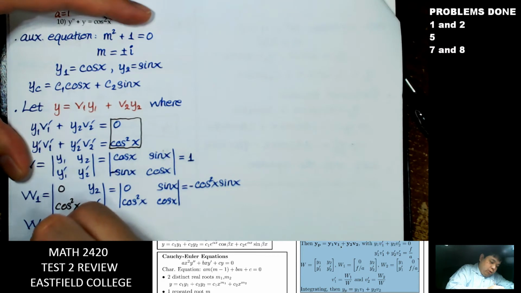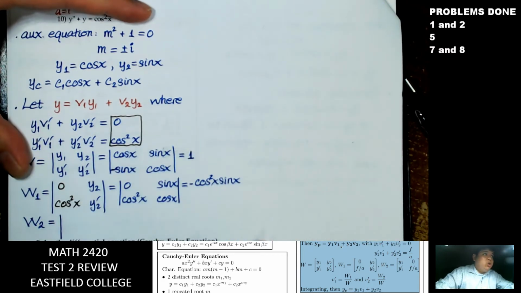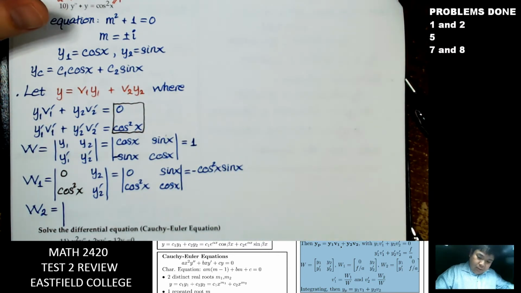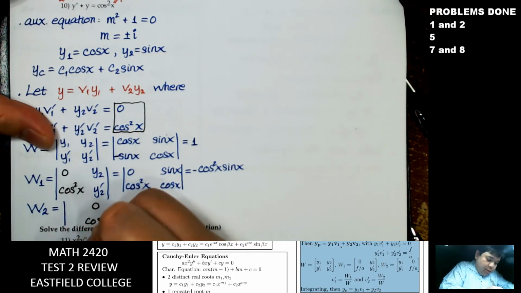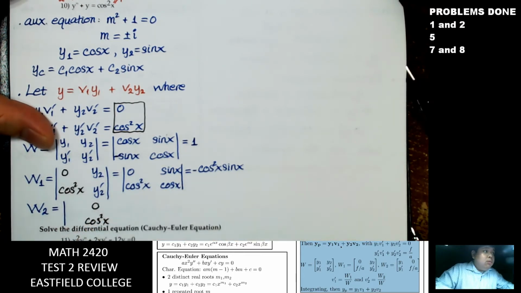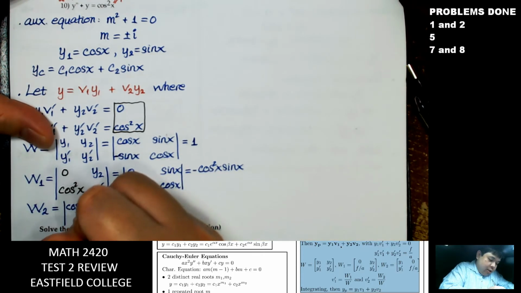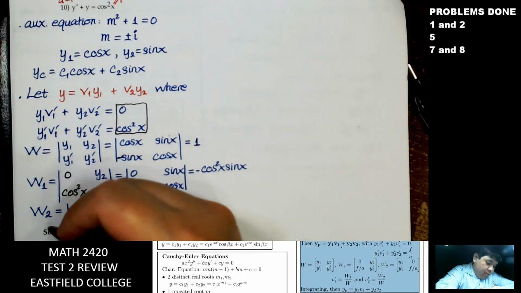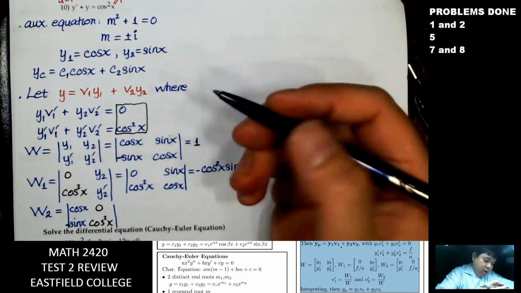W2, replace that into y2 prime. Cosine x, sine x, negative sine x, sorry. Not really matter because multiply 0 anyway.